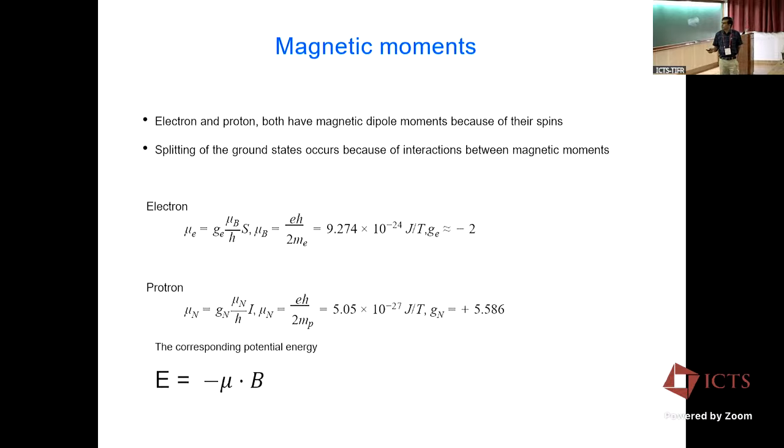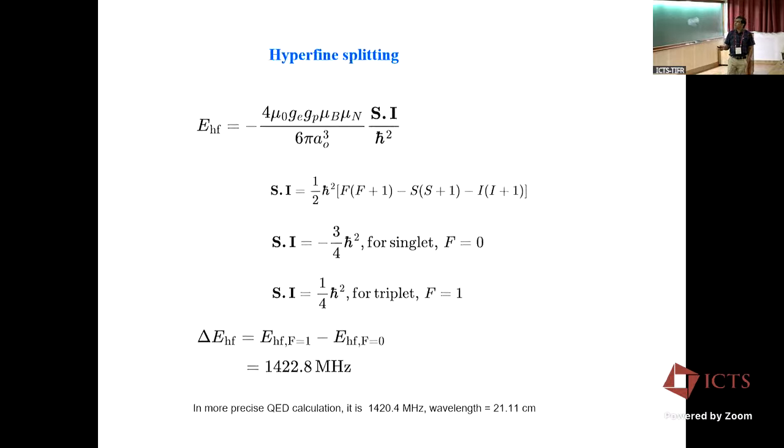Now you understand why there is interaction between proton and electron. That's basically due to the magnetic field created by the proton and electron, and the corresponding potential energy is this. If we actually calculate that potential energy, it comes out to be something like this.